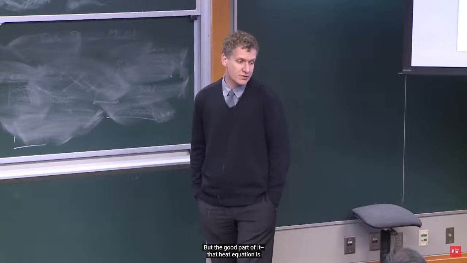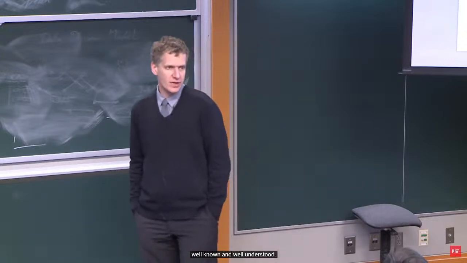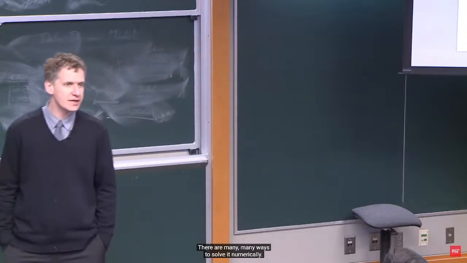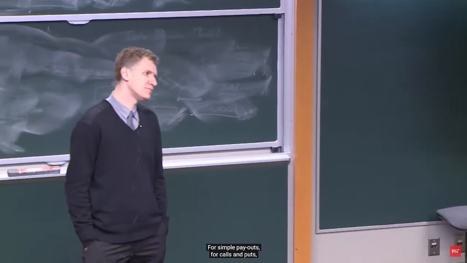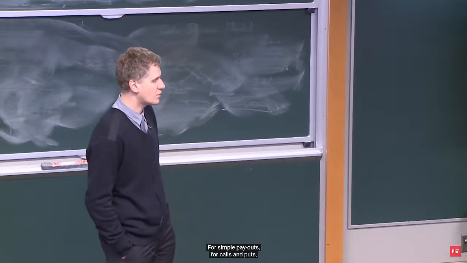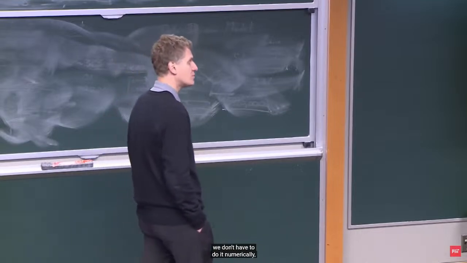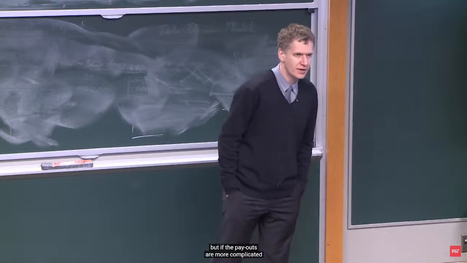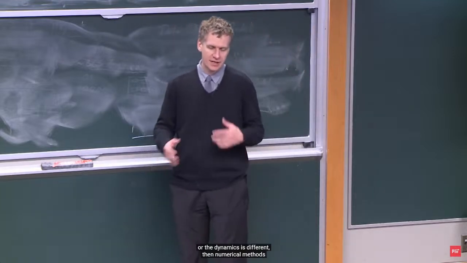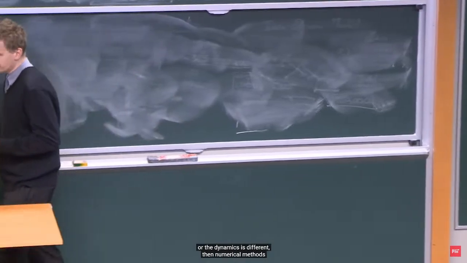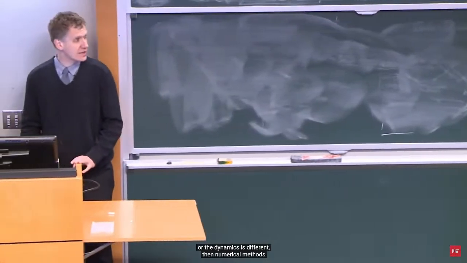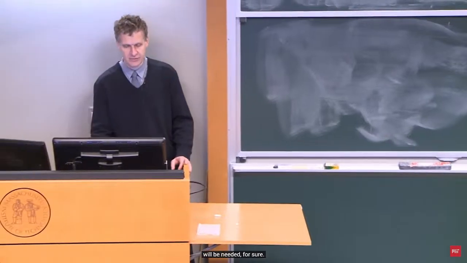The good part is that the heat equation is well known and well understood. There are many ways to solve it numerically. For simple payouts like calls and puts, we don't have to do it numerically. But if the payouts are more complicated or the dynamics is different, then numerical methods will be needed for sure.